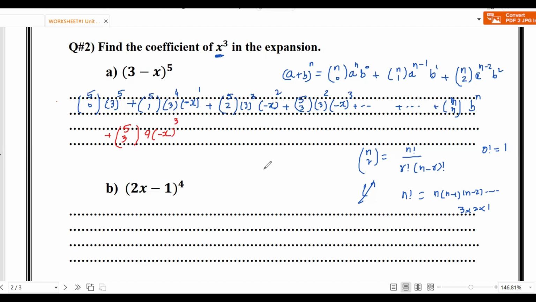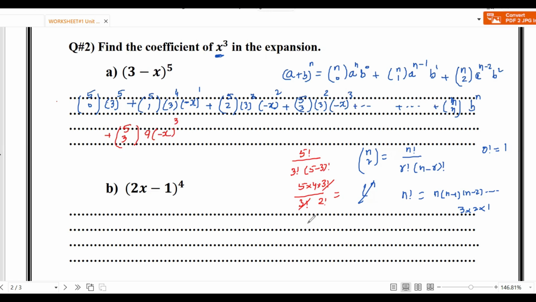So we are looking for the coefficient. And remember, there are different ways to solve 5 choose 3, but one way is this one: 5 factorial over 3 factorial, 5 minus 3 factorial, which gives us 5 into 4 into 3 factorial. So 3 factorial we can cancel with 3 factorial. 5 minus 3 gives us 2, and 2 factorial gives us 2.